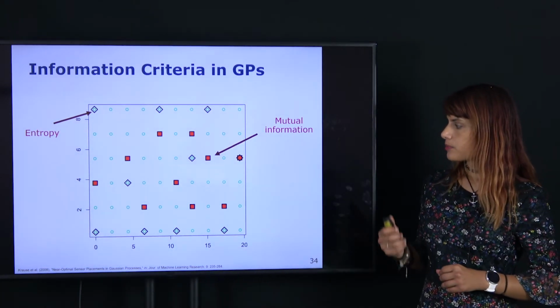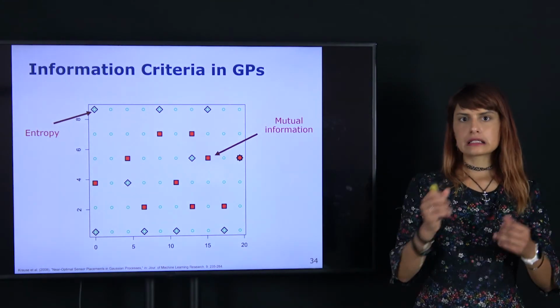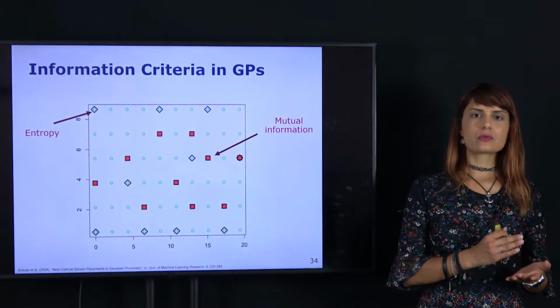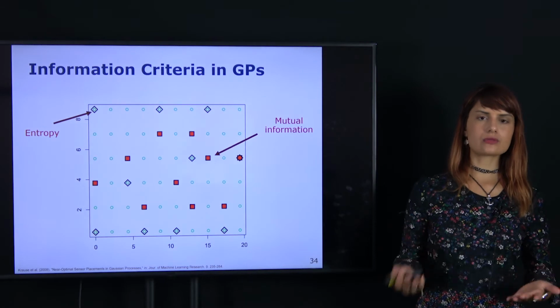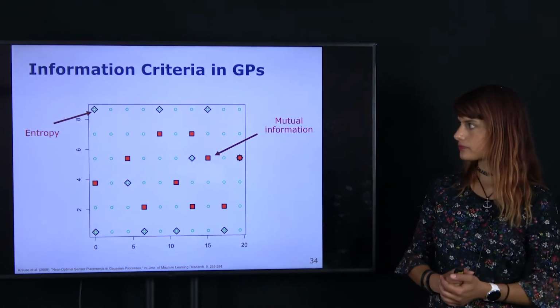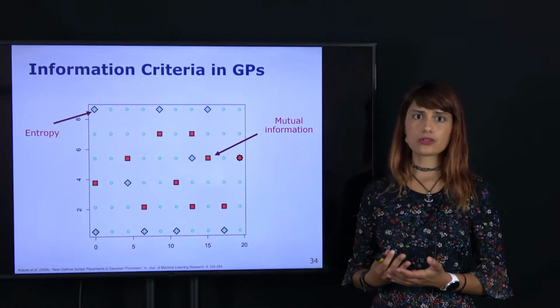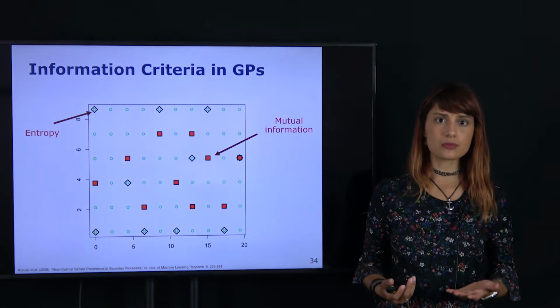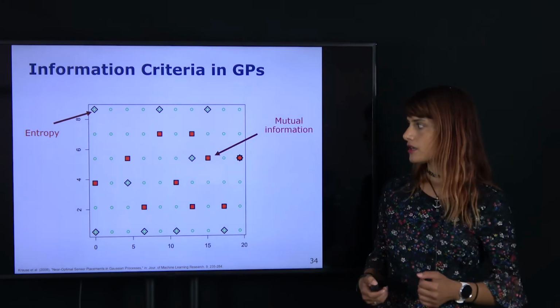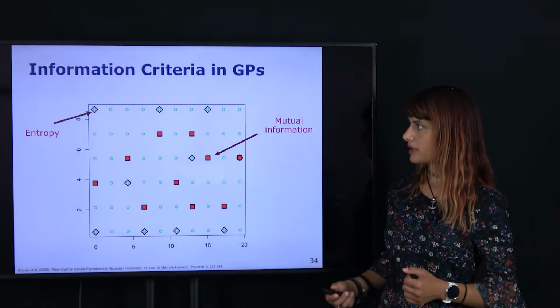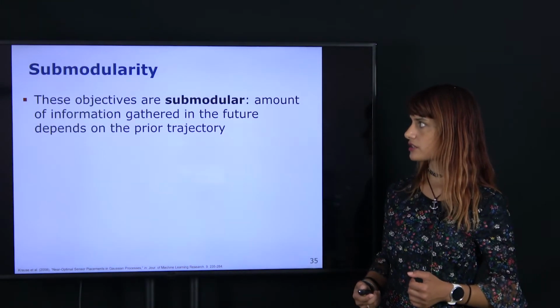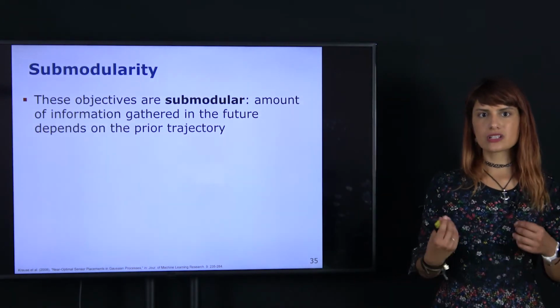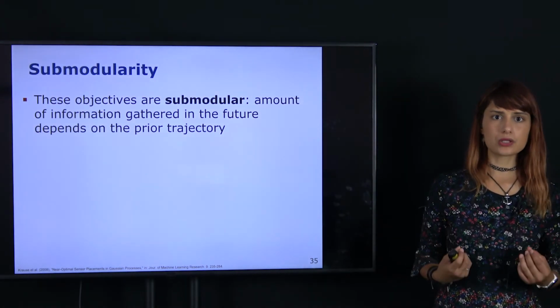This property is rather interesting and a key distinction between the models that we use for robotic exploration and robotic data collection. And this also influences the complexity of our utility function or an information objective. So this type of model behavior and these information criteria exhibit the very intuitive concept we call submodularity.